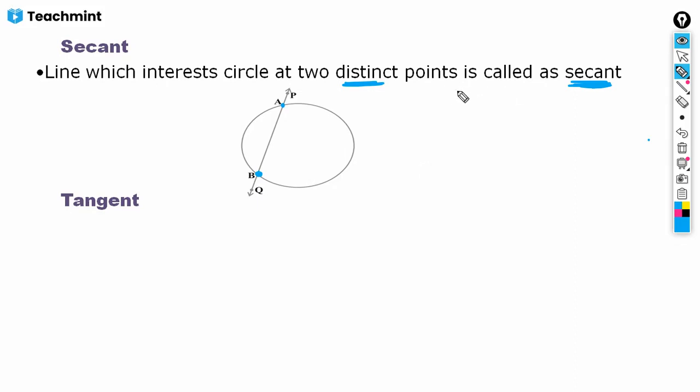Okay, so I'm repeating once again. The line which intersects a circle at two distinct points, we call it a secant.